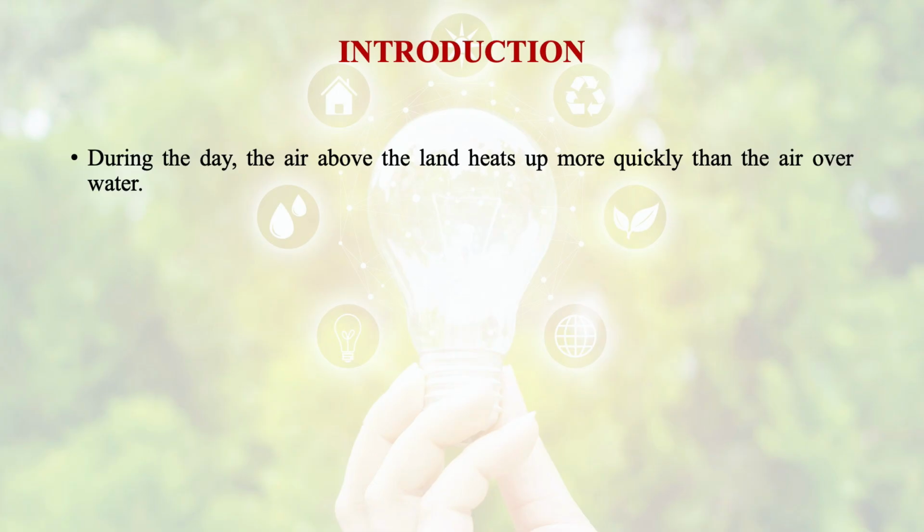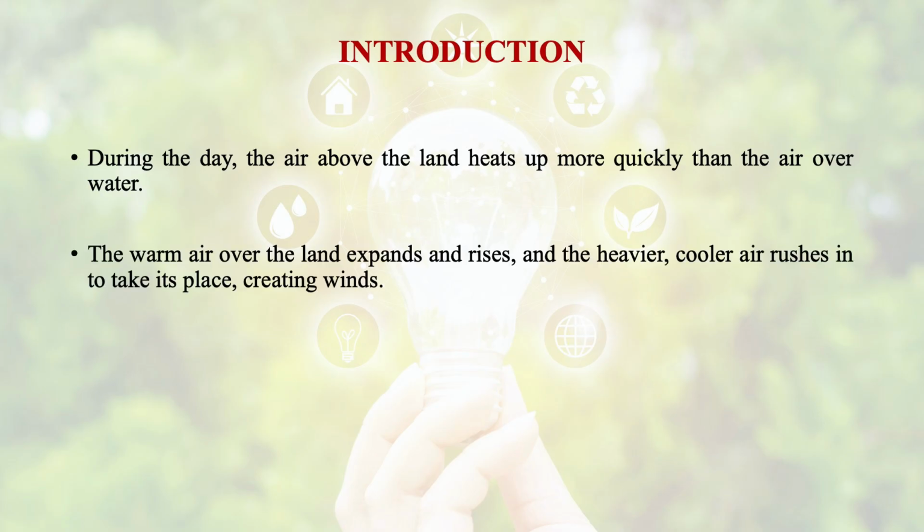During the day, the air above the land heats up more quickly than air over water. The warm air over the land expands and rises, and the heavier cooler air rushes in to take its place, creating winds.